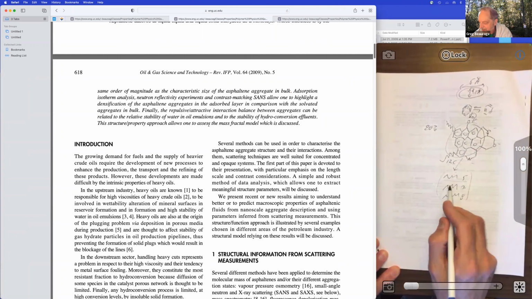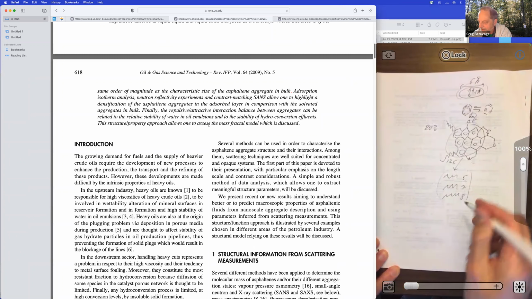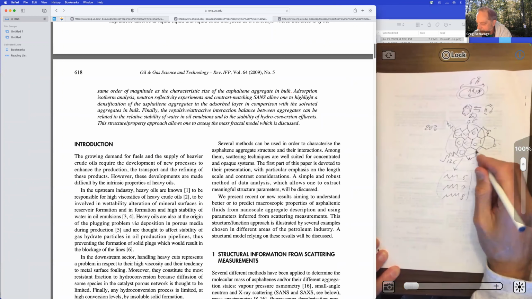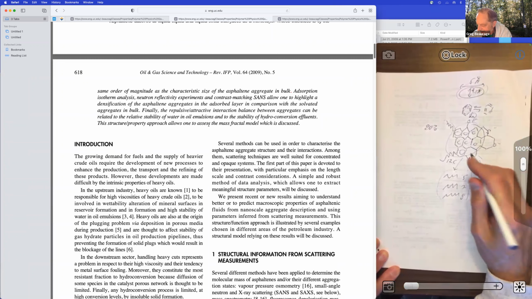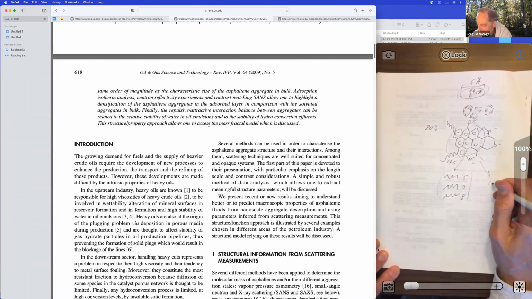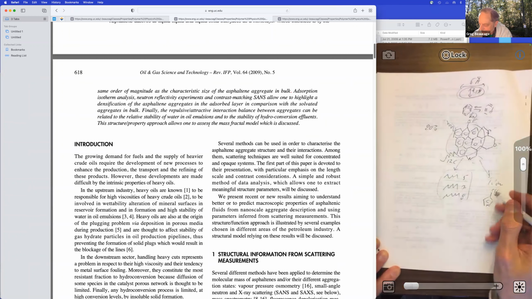You can wash it with the alkanes to get just the asphaltenes, and then you can solubilize that into toluene. That's like benzene with a methyl group on the side, or xylene, which has an ethyl group on the side.